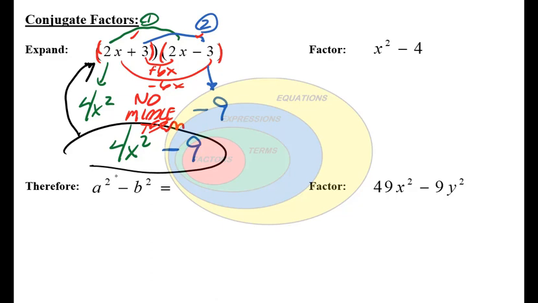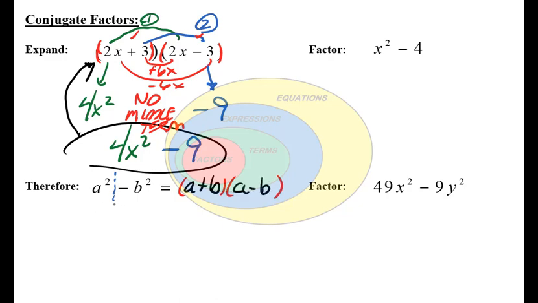You notice it has two terms. The first term is something squared, and then I have minus something squared. If I have this type of expression, then it will come from multiplying conjugate factors. And the factors are going to be a plus b and a minus b.